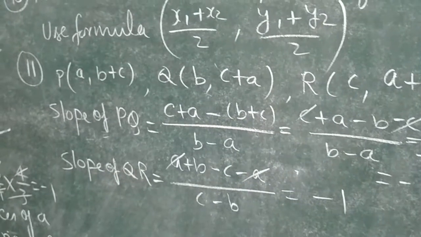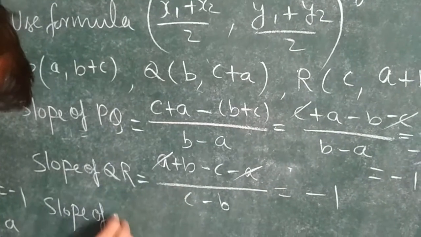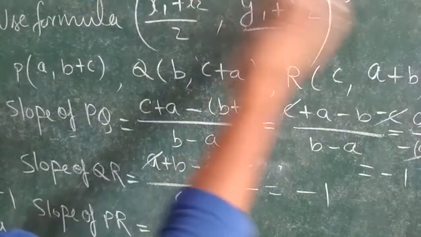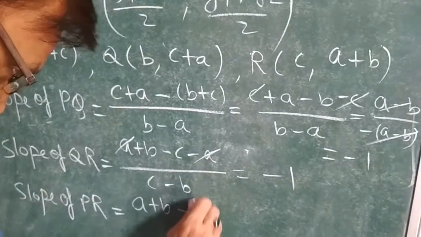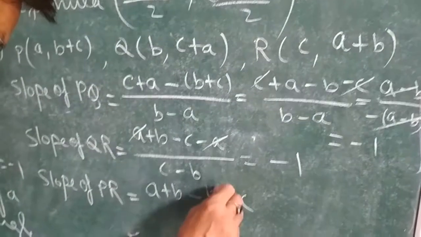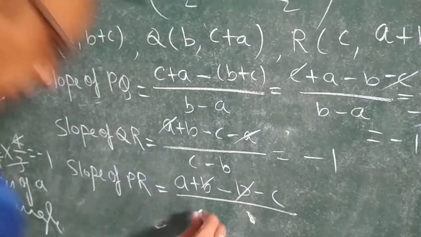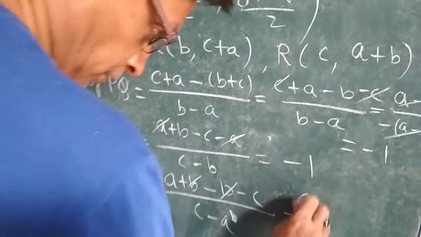Now slope of PR. A plus B minus B minus C cancelled upon C minus C. So again it is equal to minus 1.